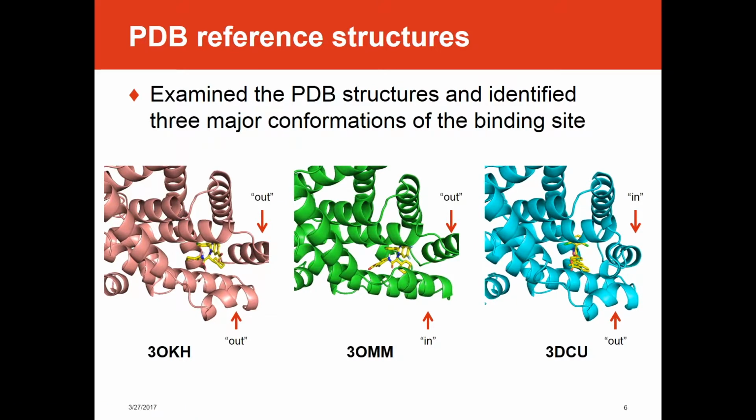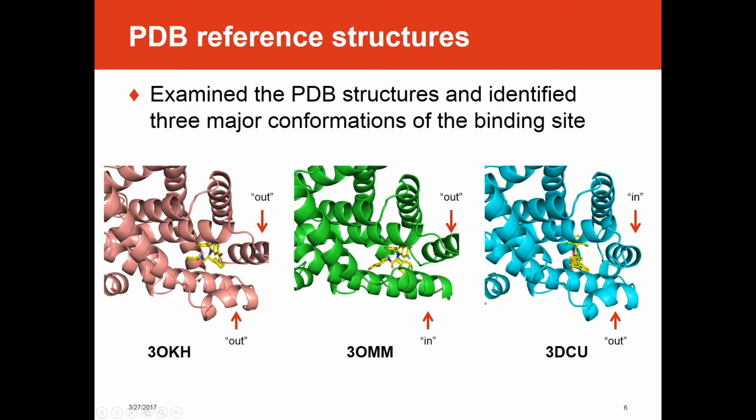the PDB and ended up picking out 3 representative structures that I used as my reference structures throughout this. I picked them basically based on diversity. So they're shown here, and mostly the differences are in these 2 helices here. In this structure, both of these helices are pulled out.